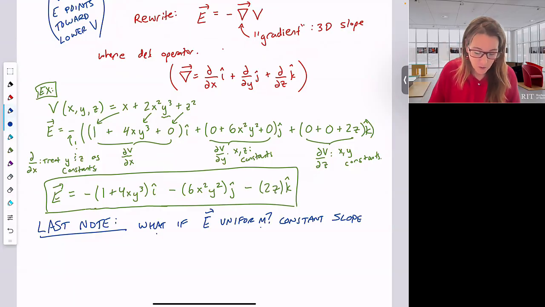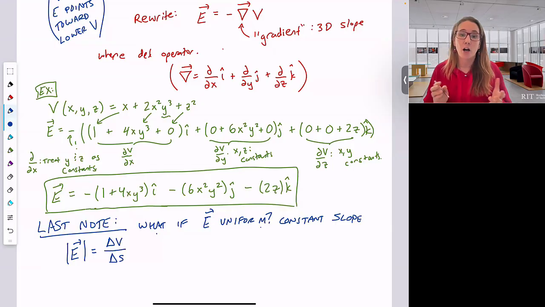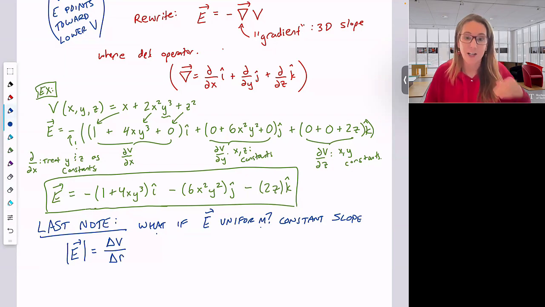Then what we have is a much simpler result, and we can just write this as the magnitude of E is going to be equal to the slope, which instead of having these partial derivatives, I can just say is delta V over, let's just call it delta r, which is going to just be in whatever direction the downhill is pointing.